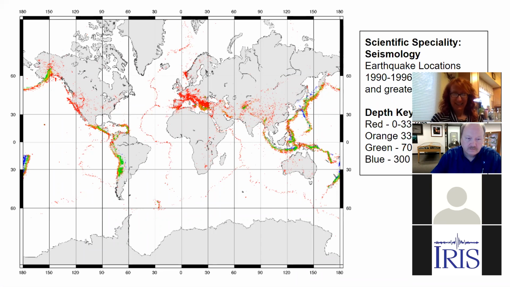I noticed there is a lot of red dots, which are shallow earthquakes in the oceans. Thank you, Amy. Anyone notice any other patterns? That the deepest green and blue colors are not found very widespread. Thank you, Tammy.